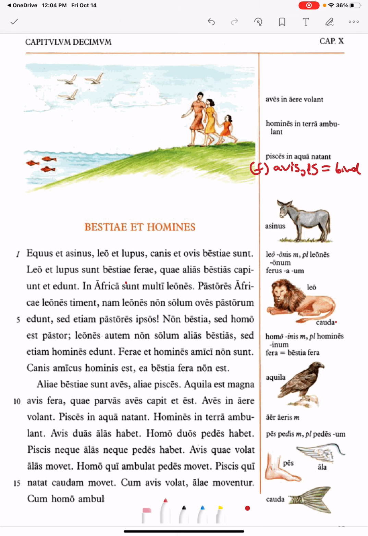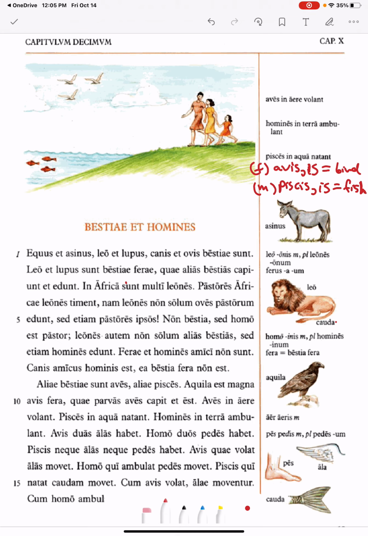So, aliae bestiae sunt aves, aliae pisces. Piscis is a fish. The word is piscis in the genitive. It's masculine, third declension. It means fish. And you remember from chapter 8 when it said, alii tabernarii rosas, alii tabernarii ornamenta vendunt. This expression means some and then others. So it's saying some beasts are birds, others are fish.